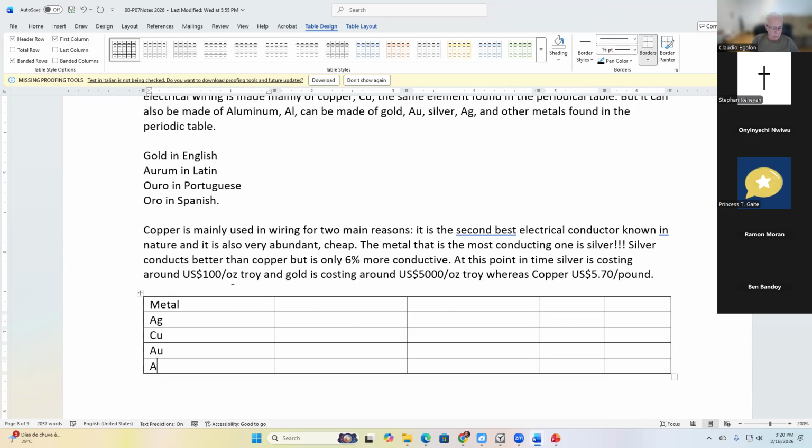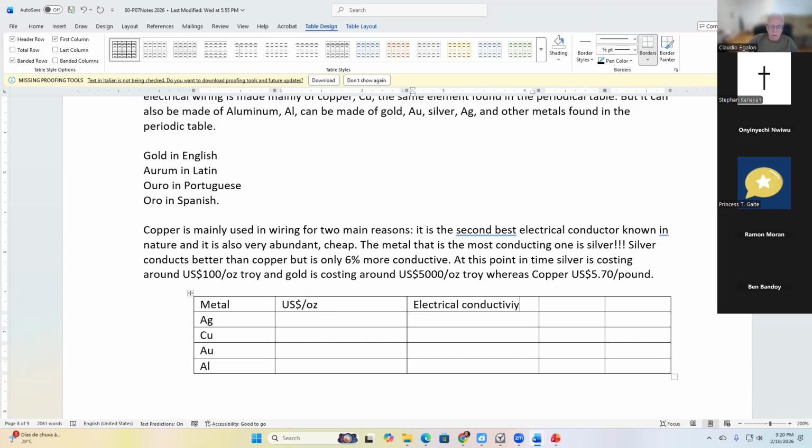Next one is aluminum. And what we're going to do here, we're going to do US dollar sign per ounce. So let's put per ounce, and we change it to electrical conductivity.